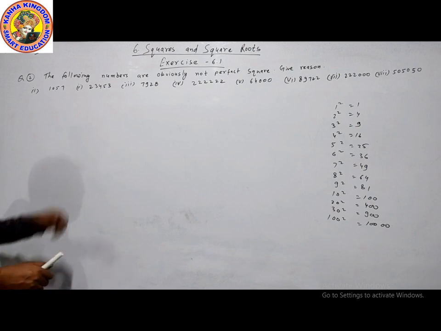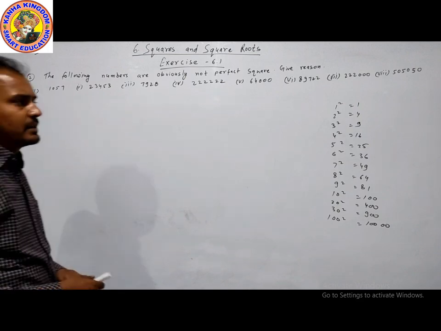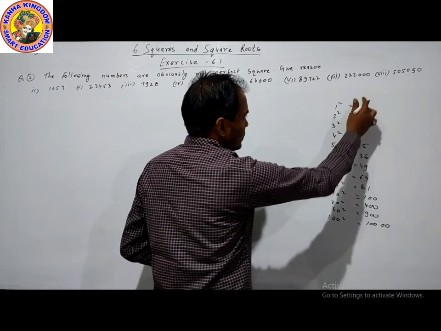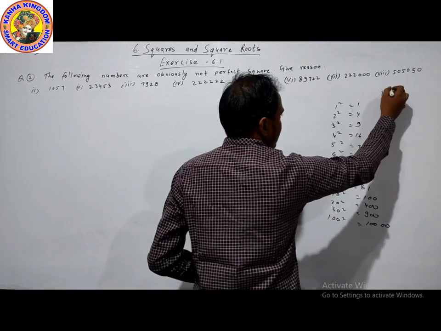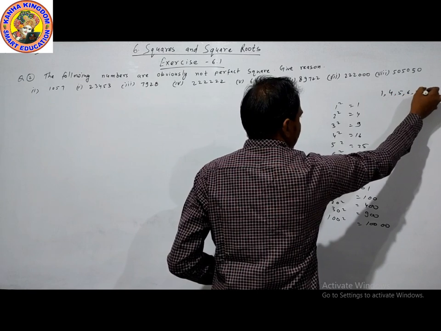So if we check the unit digits of the square numbers, they are 1, 4, 5, 6 and 9, then 00.